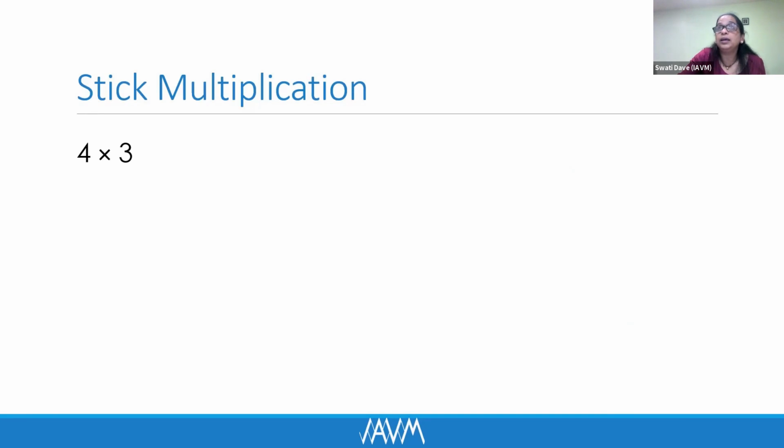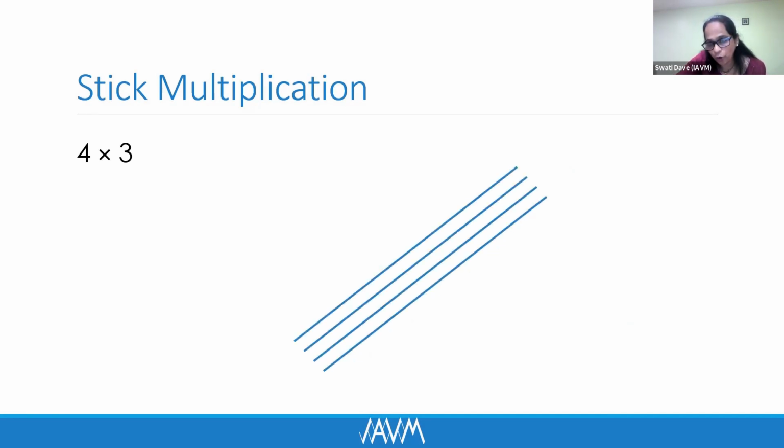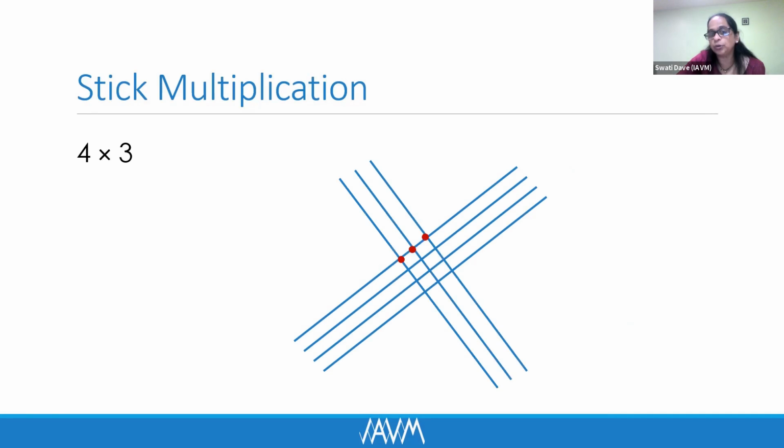When you are introducing kids to the concept of multiplication, this is a fun way to do it. For 4 times 3, we draw 4 lines, then draw 3 lines, and count the intersection points.